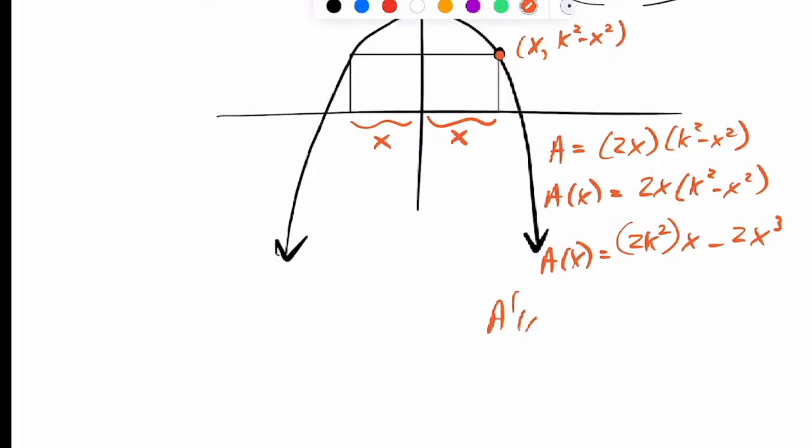So therefore, A prime of x is my derivative. When you take the derivative, this is a function of x. So the derivative of x is just 1. This just becomes 2k squared minus 6x squared.